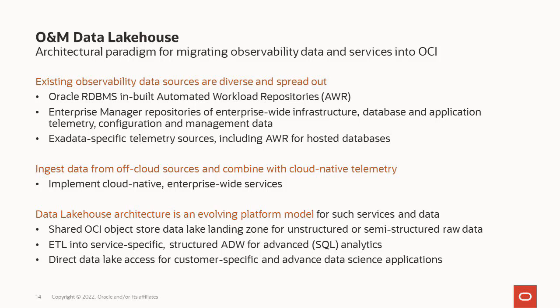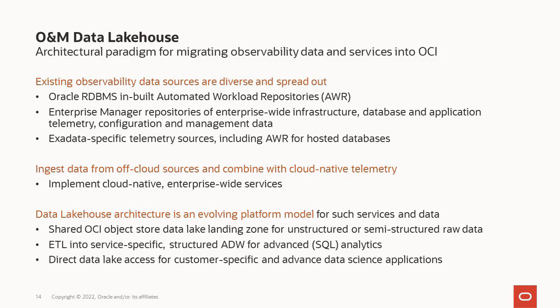I mentioned that I would mention this, so I'll mention it. Another aspect is that a lot of customers are very sophisticated about some of this data already. AWR data is used by lots of expert DBAs in various ways. So one thing we think is going to be very useful for customers is having direct access to the unstructured data in the data lake for advanced data science of their own, or very specific applications that maybe only make sense for a specific customer or two.